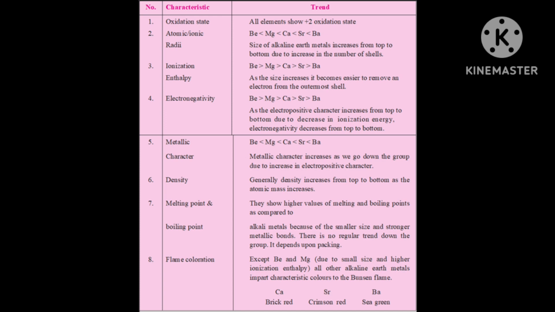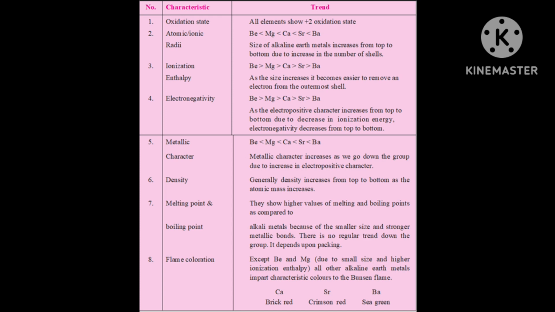Now metallic radius of the metal in picometer, I already told you 10 to the power minus 12 meter, that is called picometer. First you can see that the metallic radius of beryllium is 111 picometer. And because size is increasing in the group, obviously radius will increase.